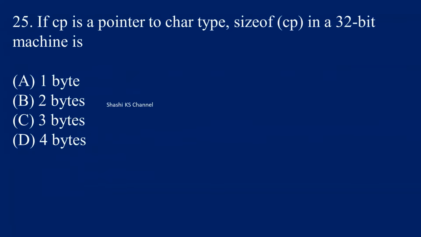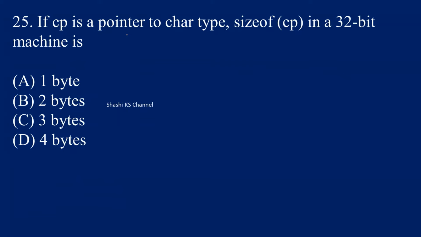The next question is: if cp is a pointer to char type, the size of cp in a 32-bit machine is? A pointer is used to store the address of another variable. It can be an integer, a floating point number or a character.